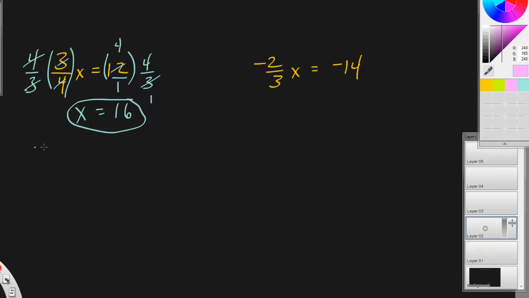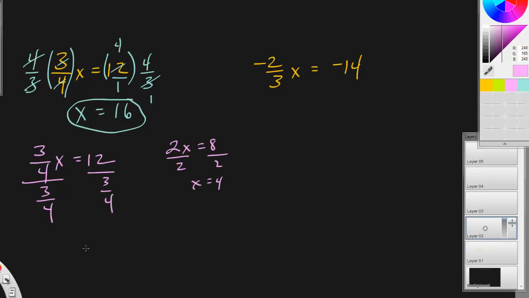This is the way I used to show everybody how to do something like this. This problem is absolutely no different than something like 2x equals 8. If we were doing this problem, I would divide by 2 and divide by 2, and x would equal 4. Well, over here, I would divide both sides by 3/4.